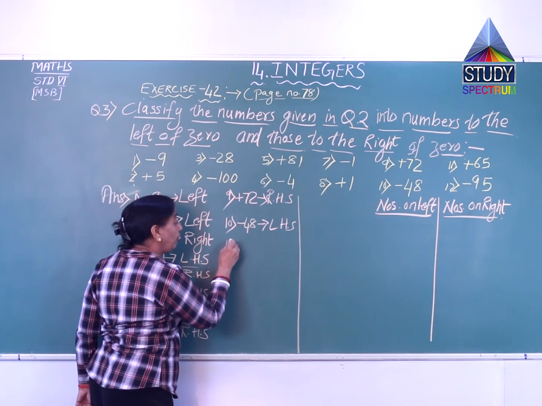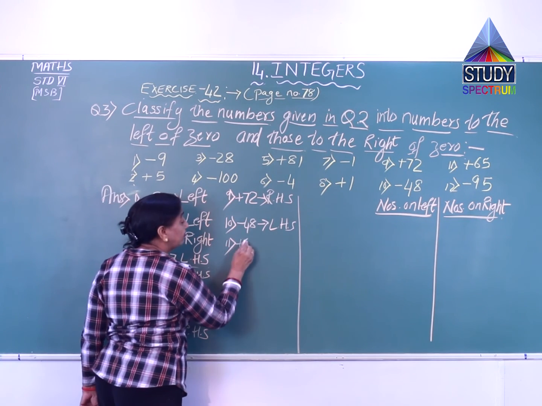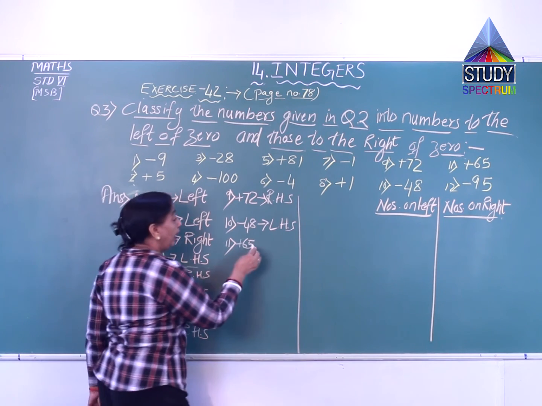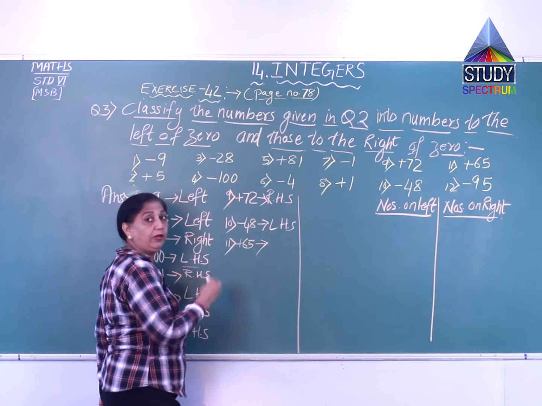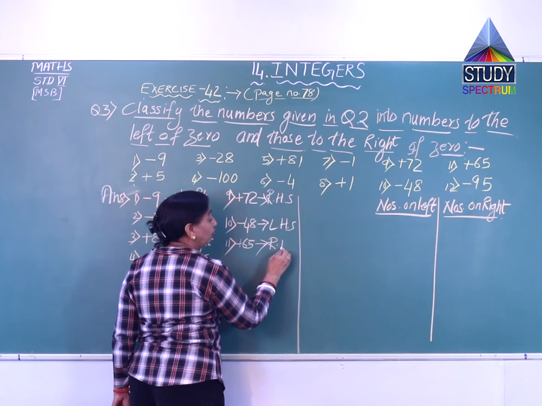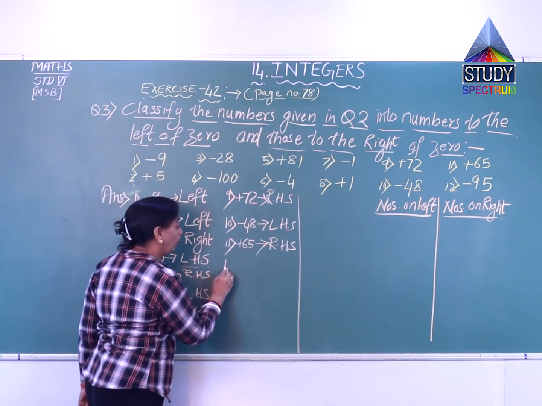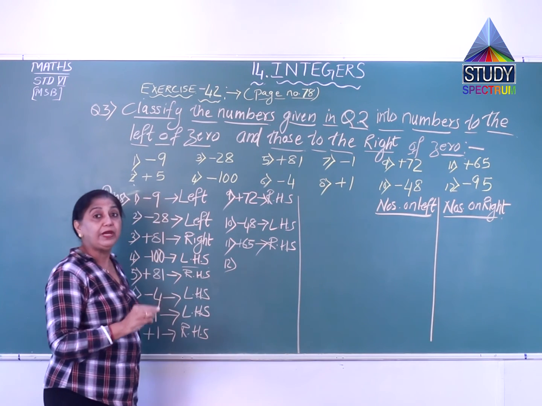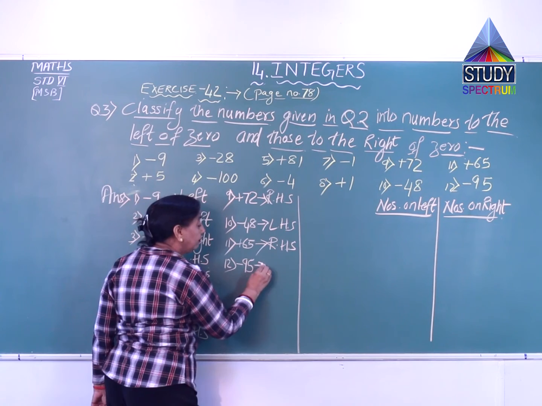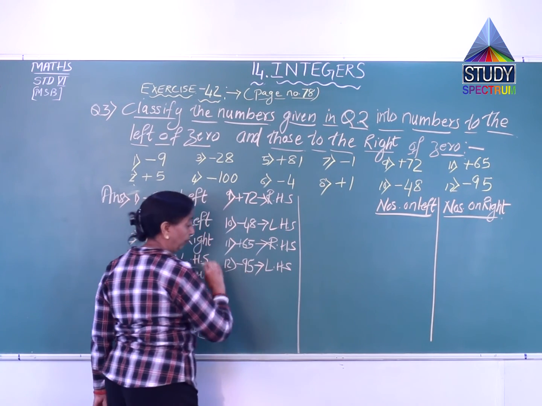Then we move to the 11th one, positive 65. It's very easy for you, as you know very well now. All the positive numbers lie to the right hand side. So I will write RHS. And then the 12th one, that is the last one, negative 95. So it will be on the left hand side of 0.